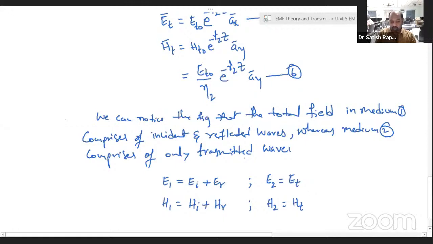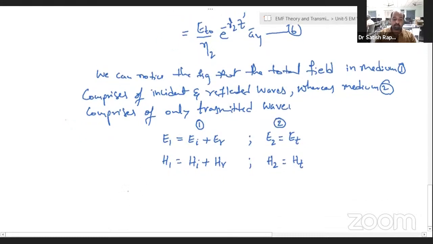So this is medium 1 and this is medium 2. In medium 1, the total electric field is the sum of incident and reflected waves, and in medium 2, the total electric field is the transmitted electric field, right?